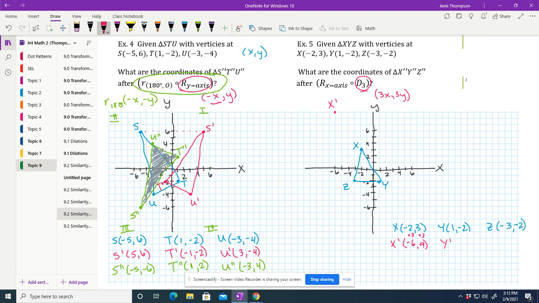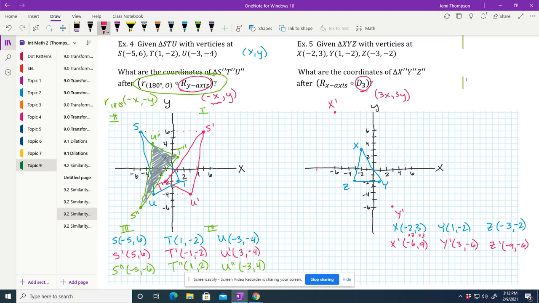And then same thing here for Y prime. 1 times 3 is 3. Negative 2 times 3 is negative 6. 3 down 6. And Z prime, negative 3 times 3 gives me negative 9. Negative 2 times 3 gives me negative 6.